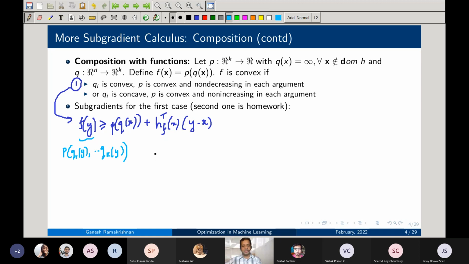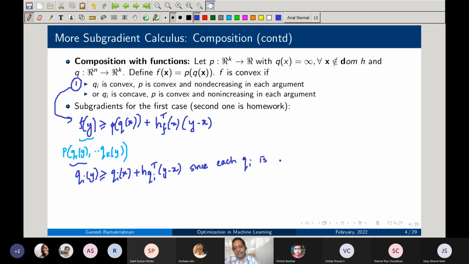The first step we will do is identify that we expect each of these Qi to be convex. Qi(y) is greater than or equal to Qi(x) plus, since Qi is convex in the first case, h_Qi transpose (y minus x); that subgradient will exist.